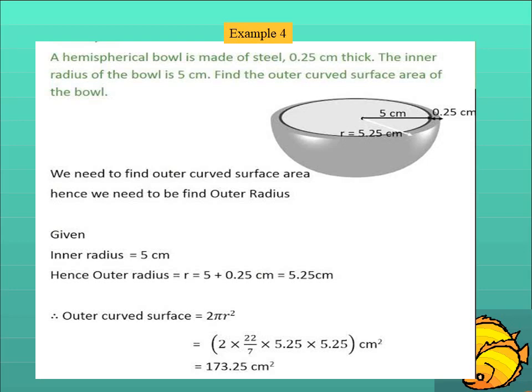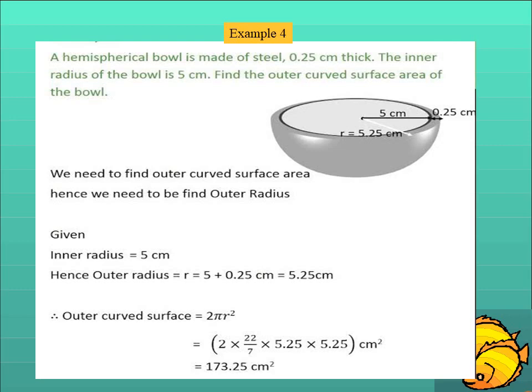There is an illustration here of the ball with a radius of 5 centimeters, and the thickness of the steel that makes this ball is 0.25 centimeters, meaning that we can get the outer radius as the inner radius plus thickness, which is 5 plus 0.25. That will give you 5.25 centimeters.